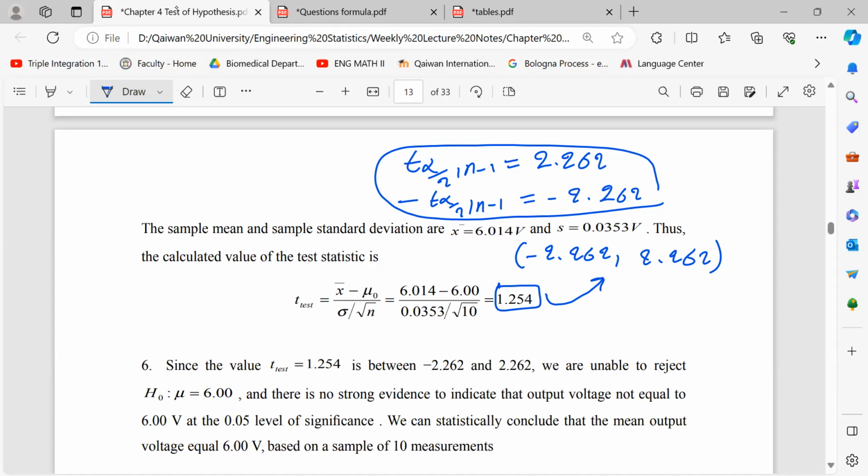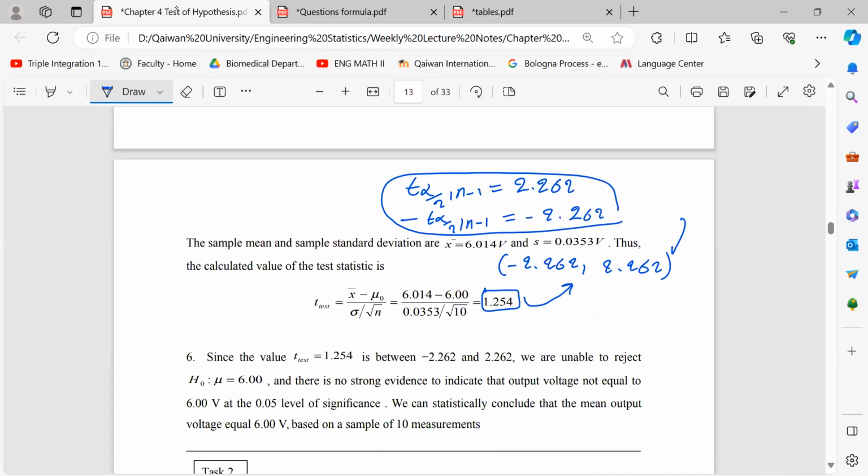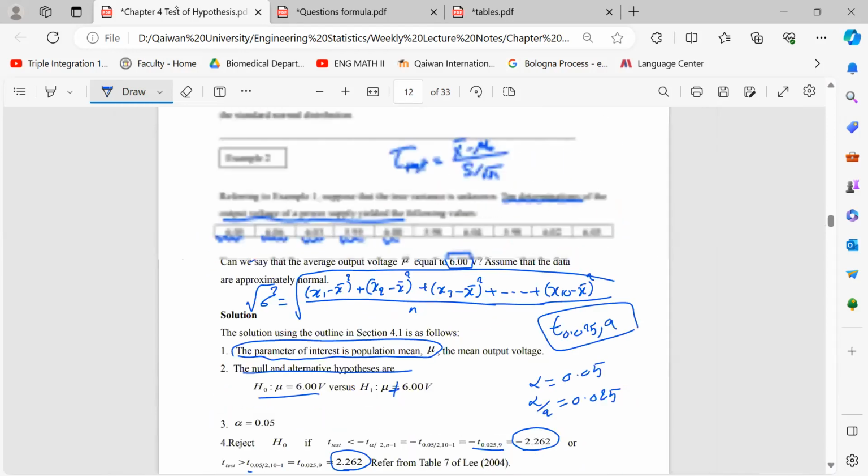So in this case, we say we are unable to reject H naught, because we said if it is greater than this value or less than this value, in these two cases, we reject H naught. What if it is in the interval? We say we are unable to reject H naught.